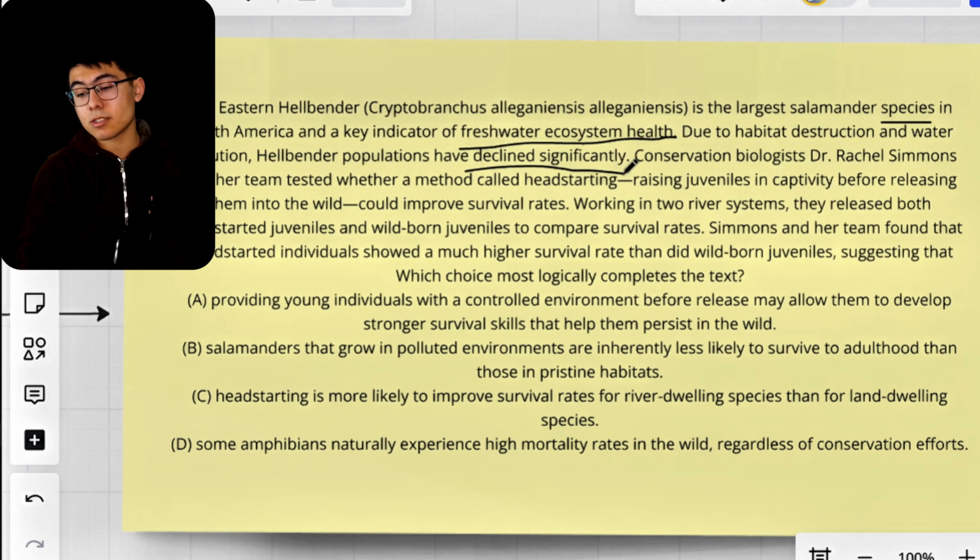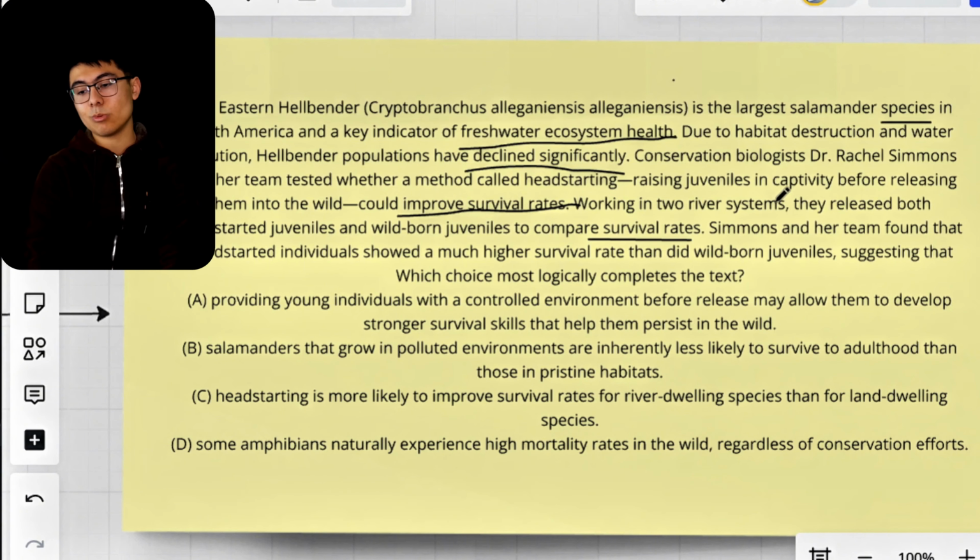Conservation biologists Dr. Rachel Simmons and her team tested whether a method called head starting, raising juveniles in captivity before releasing them into the wild, could improve survival rates. Working in two river systems, they released both head-started juveniles and wild-born juveniles to compare survival rates.